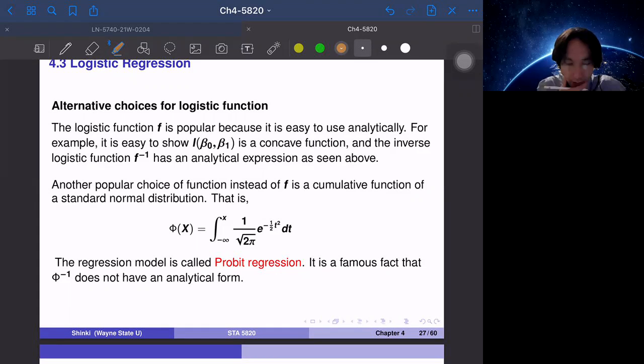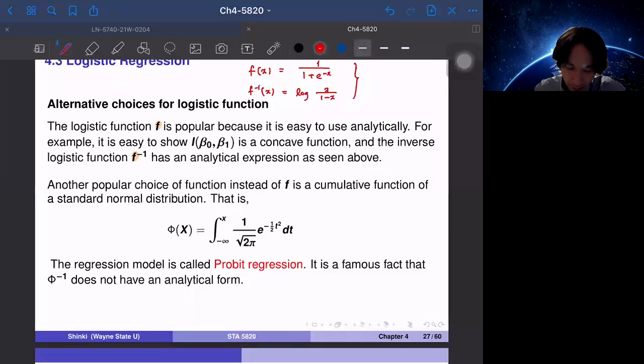That's because of the good property, the concavity of the likelihood function, and also that we have both f and f inverse in analytical form. f of x is equal to 1 over 1 plus e to the power negative x, and f inverse of x is the log of x over 1 minus x. It's good that both have analytical form, and it's a relatively simple form.